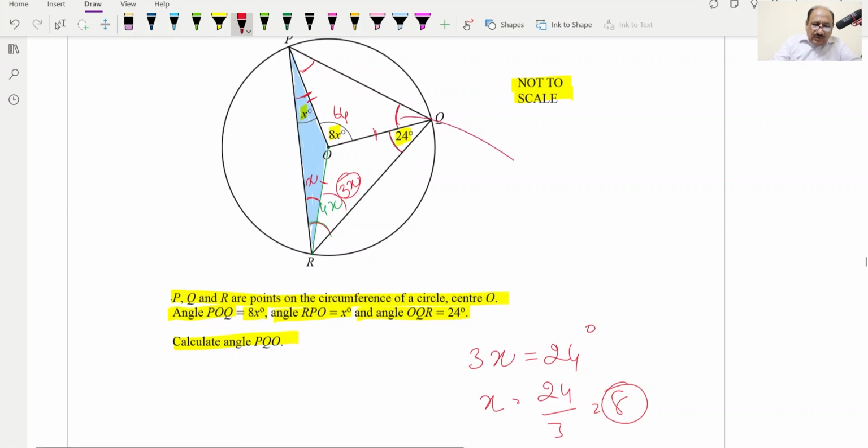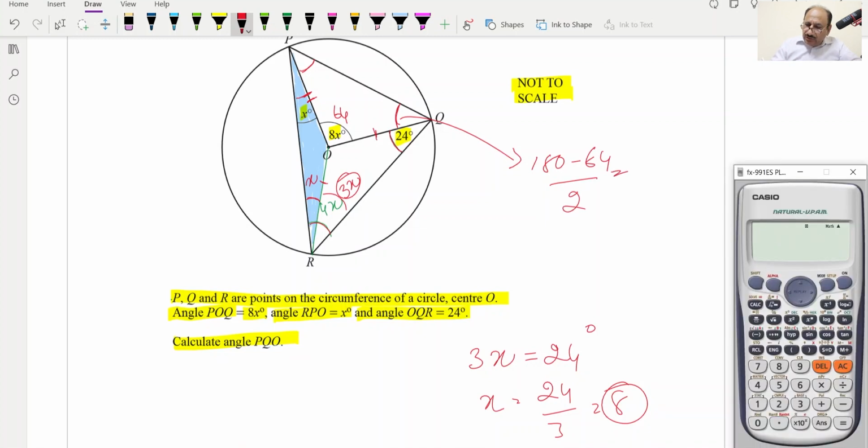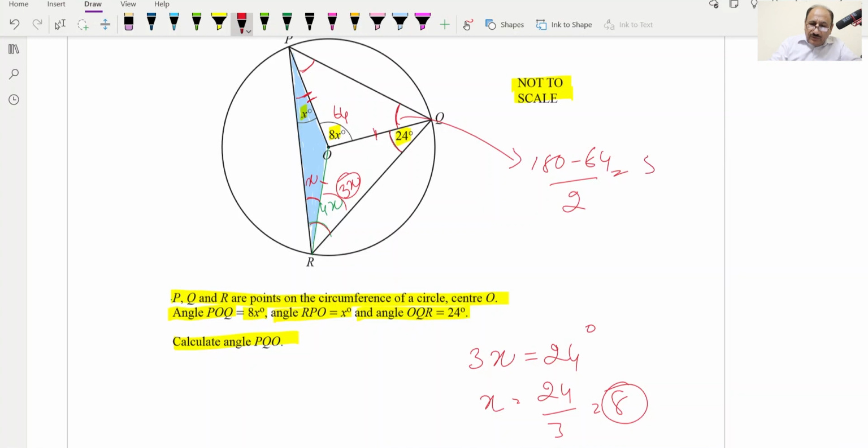So this angle will be 180 minus 64 divided by 2, and this will result in 58. So 58 is the angle which we were supposed to find.